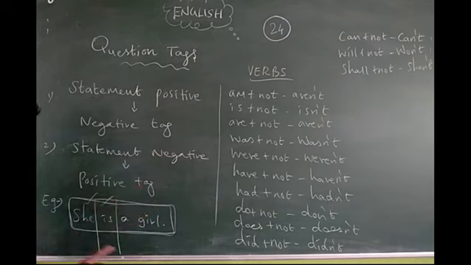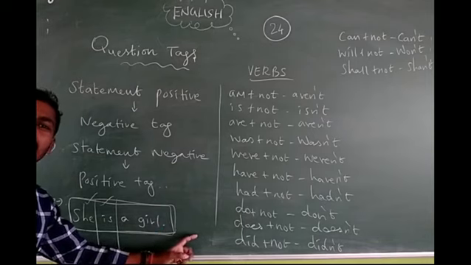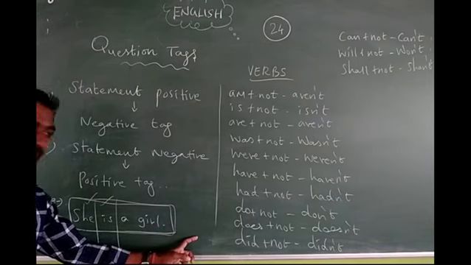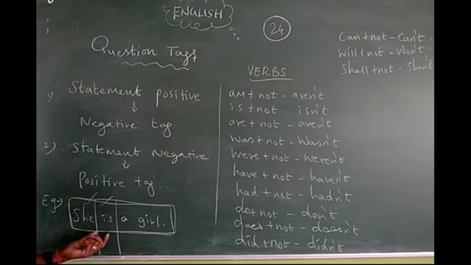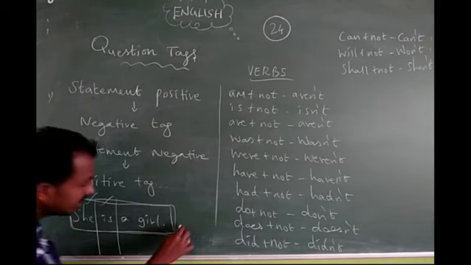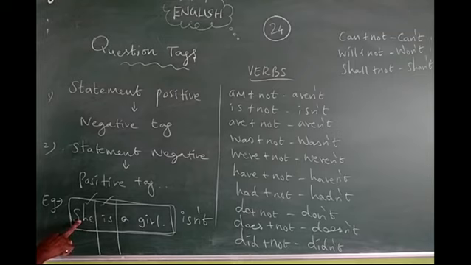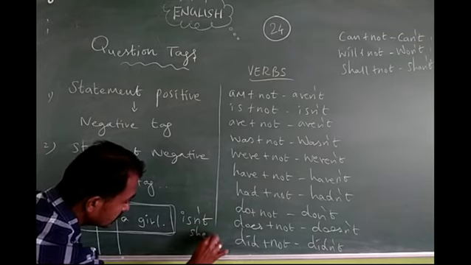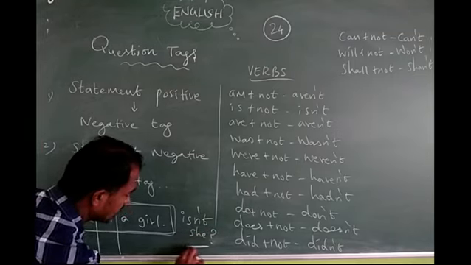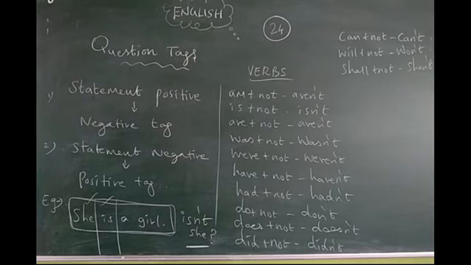Suppose the statement is negative, then the tag must be positive. For example, the given sentence is positive. What is the answer? Is plus not, isn't. What is the subject here? She. End with the question mark: isn't she?